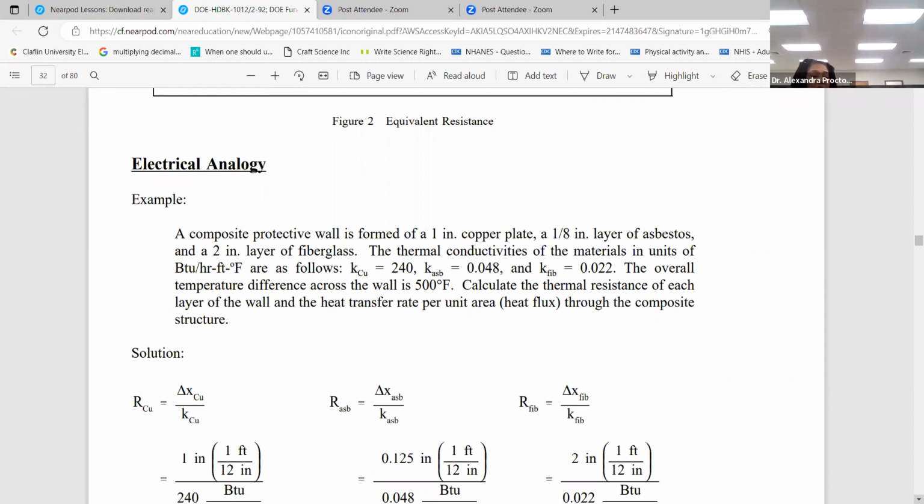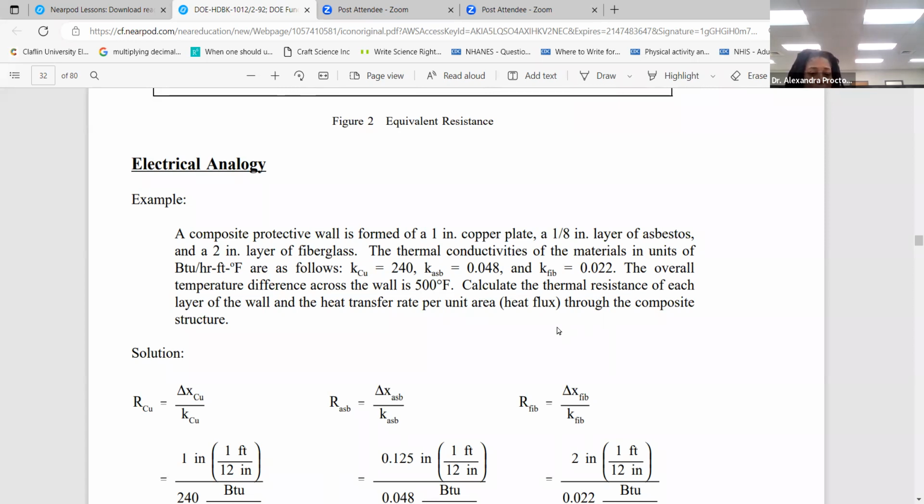The thermal conductivities of the materials, in BTU per hour foot degree Fahrenheit, are as follows. K for copper is 240. K for asbestos is 0.048. And K for fiberglass is 0.022.